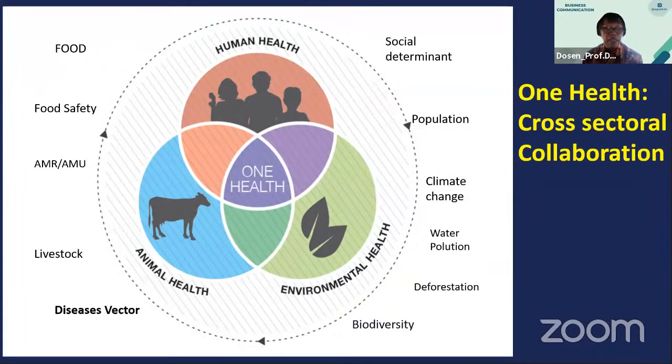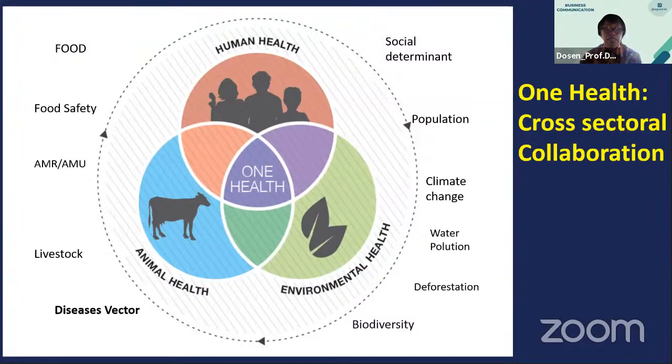Many different disciplines are involved in One Health: social sciences, of course, and then medical, veterinarian, ecologists, because of the problems that we face day to day with food and food safety, where a lot of people eat food from wildlife, and of course that's very dangerous for the people.